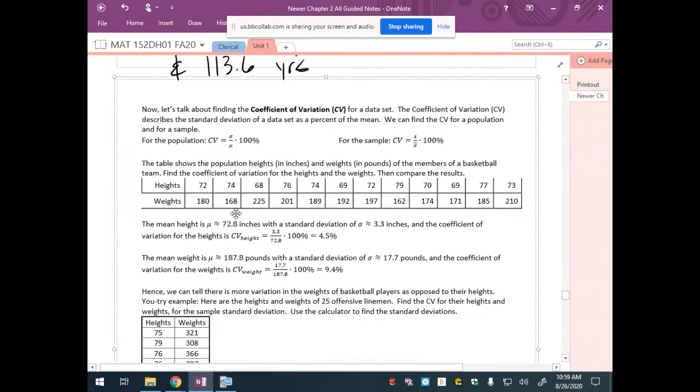This describes simply the standard deviation of a set as a percentage of the mean. So we can find the coefficient of variation for a population and for a sample. You will be told population or sample.